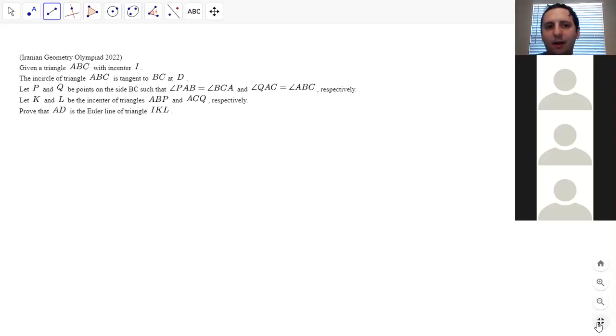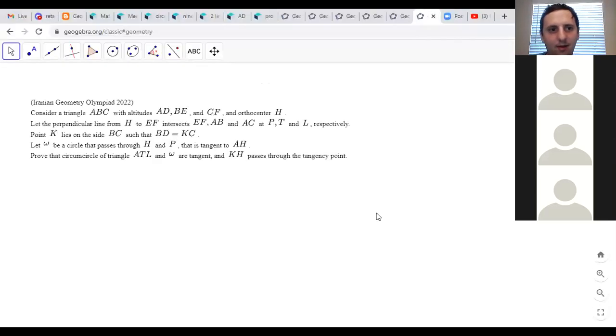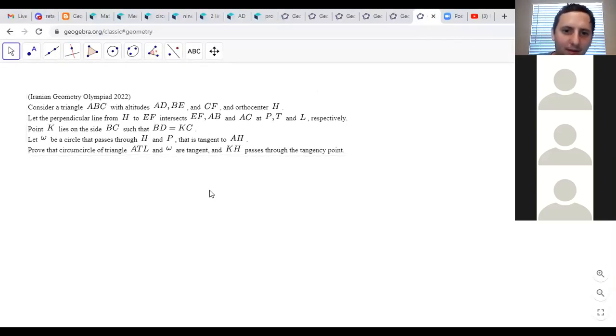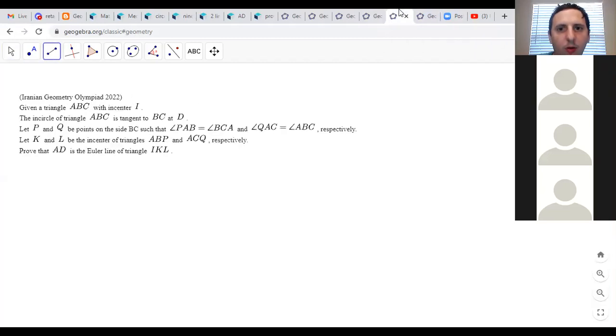Okay. There were 5 problems. One of them was combinatorial geometry. I didn't do the combinatorial one and this one. No, this is the 5th problem, which is the hardest one of IGO. Yeah, this one is, I think, the second hardest. Okay. So these two are both pretty hard, basically.